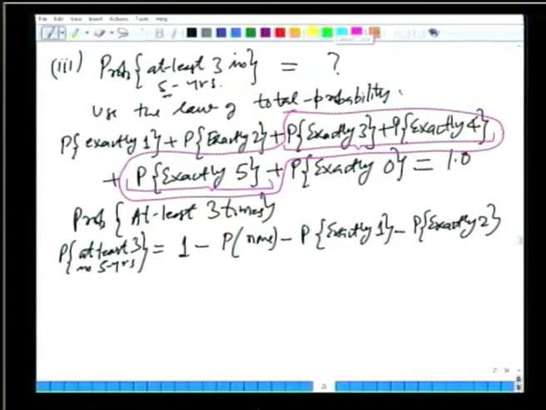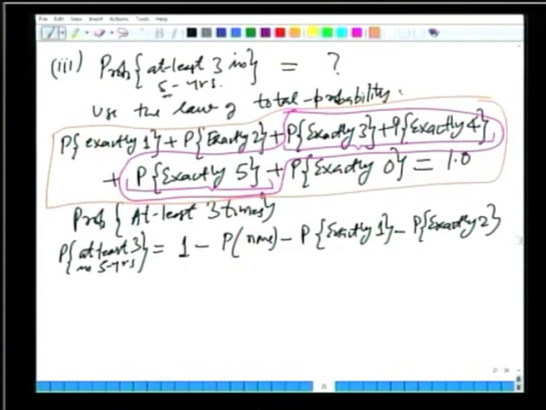Okay. I think you should be able to see this. What I have done is I have used this equation, this whole thing, alright, to get this. That is, at least thrice will be equal to what? 1 minus, you throw everything else on the other side, exactly 0 or none, exactly once and exactly twice.